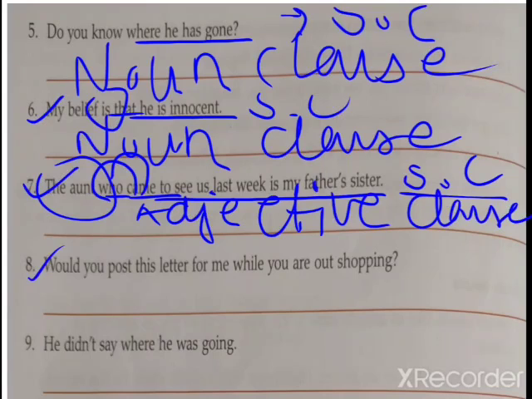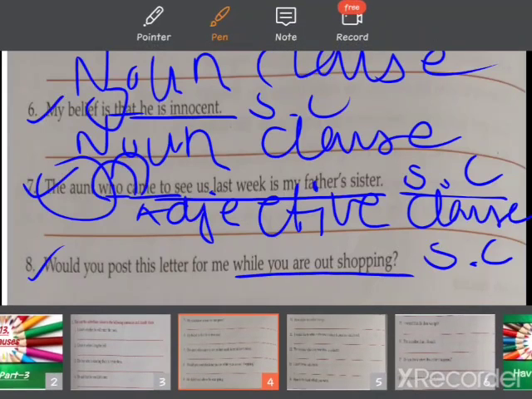Number 8. Would you post this letter for me while you are out shopping? While you are out shopping is known as a subordinate clause. Now look at here.